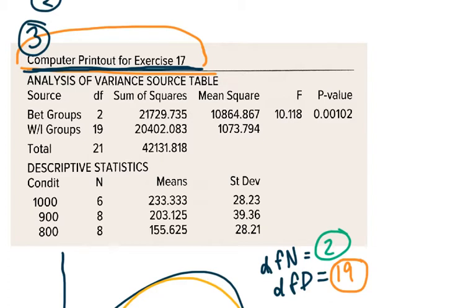We would have to get all of the means for all of our samples. So notice here in the descriptive statistics, they've gone ahead and done that for each of these groups, right? Here we have the 1,000-watt microwave groups and 900 and 800 and so on. They've already calculated all of their means and variances. Well, they've given it to us in the form of standard deviations.